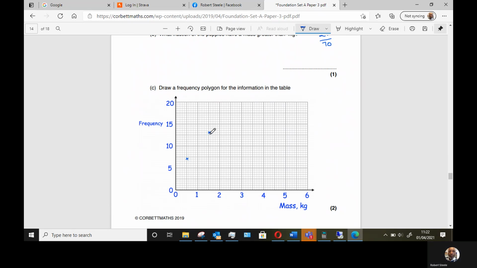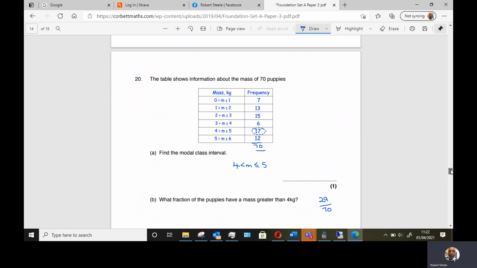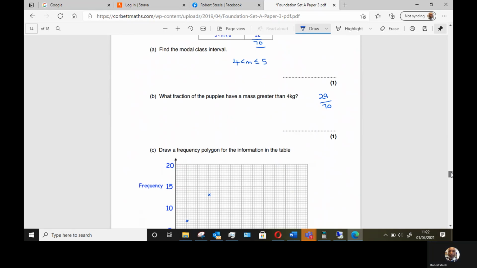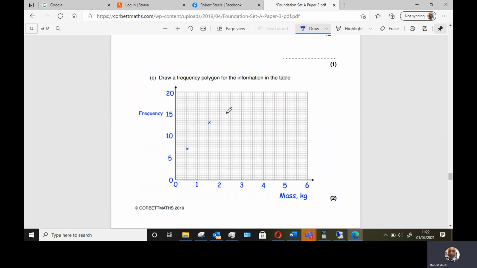So that should be there. 13 is there. Next one along, 15. That's halfway between 2 and 3. There.